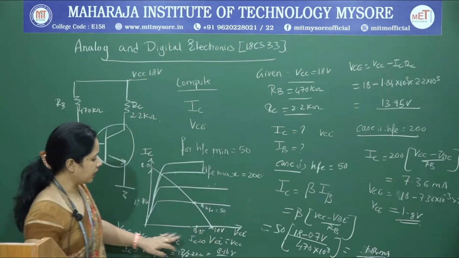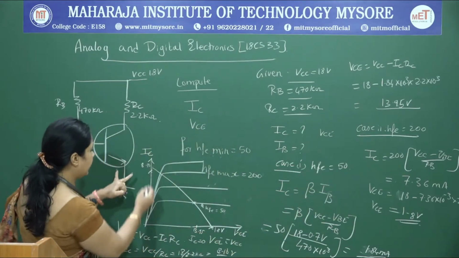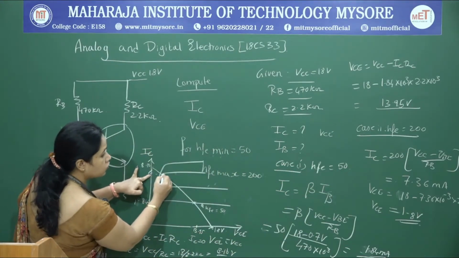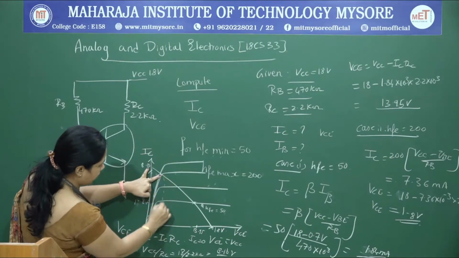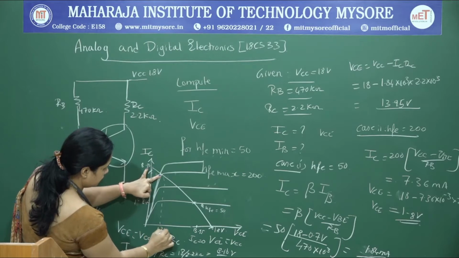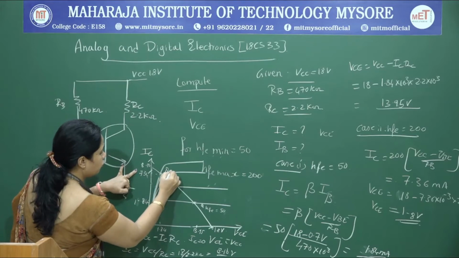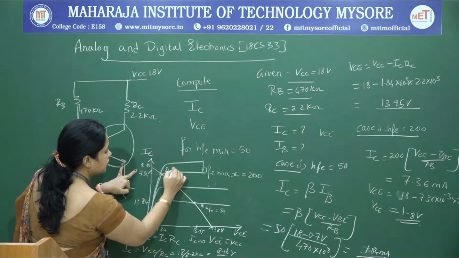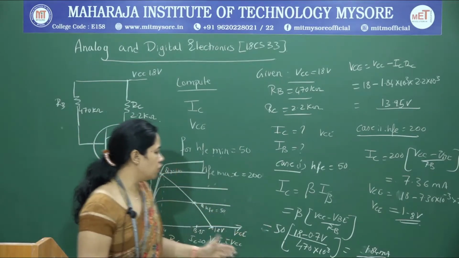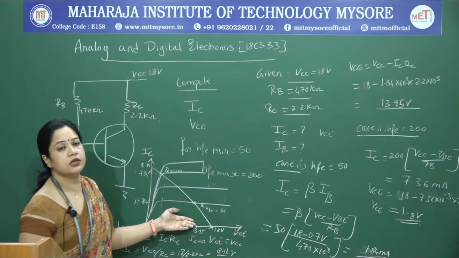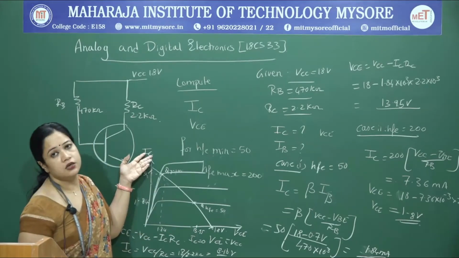Likewise, locate the operating point corresponding to HFE equal to 200. You end up getting 7.26 volts and the corresponding current is 7.36 milliamps. So this is the Q point corresponding to HFE equal to 200. You can observe that as you increase the gain, your Q point moves along the load line.